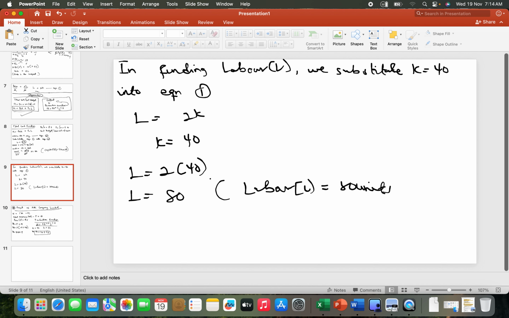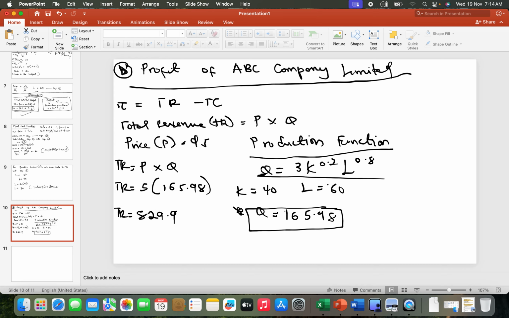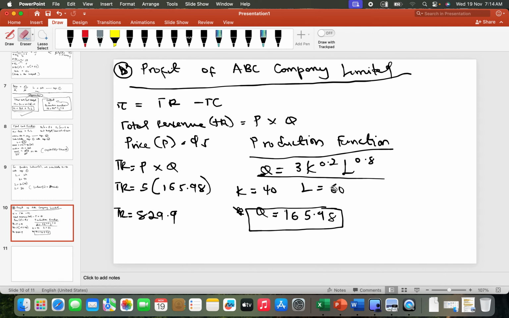From this side, the L is 80. It's 80, not 60. So let's change it here. So the L is 80, not 60. Sorry about that. So it means this number will change, so we have to change this number and also the number here.